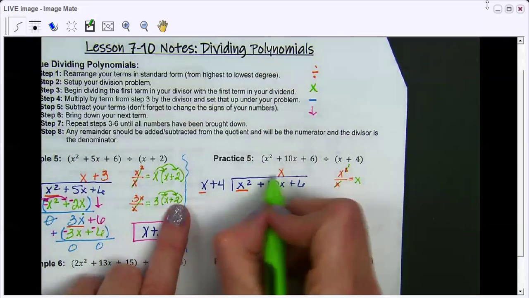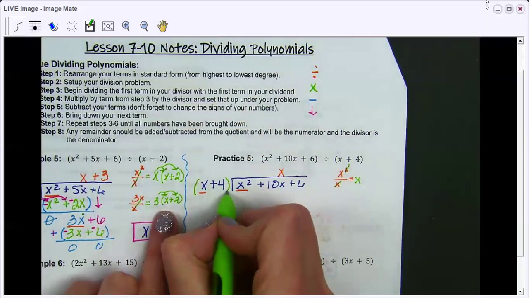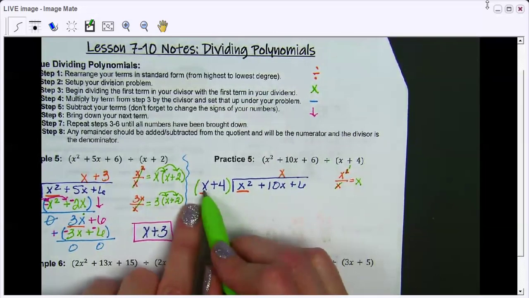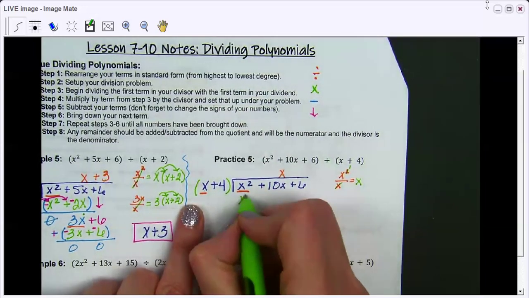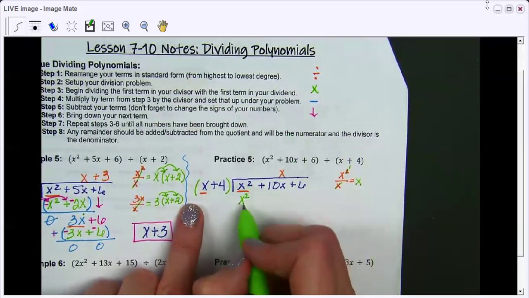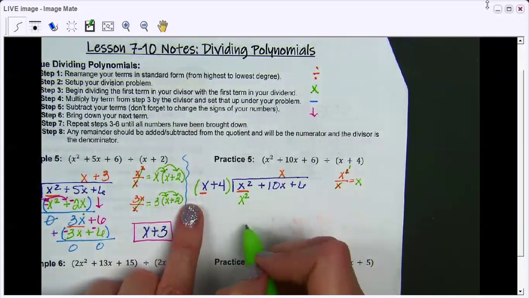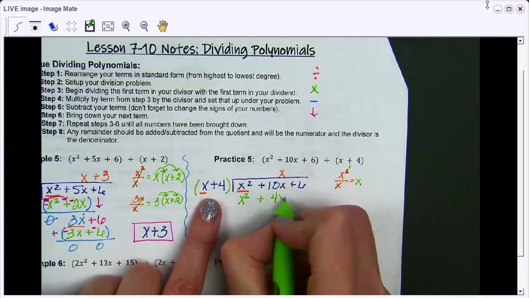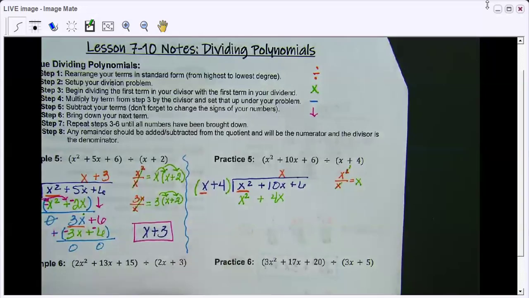Now you're going to multiply it by x plus 4. So x times x is x squared. I know I did it right because these two are the same, and when I subtract them, it'll cancel out to 0. And then x times 4 is plus 4x. And now you need to subtract and distribute that negative.